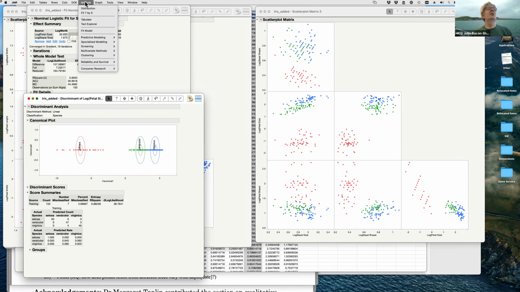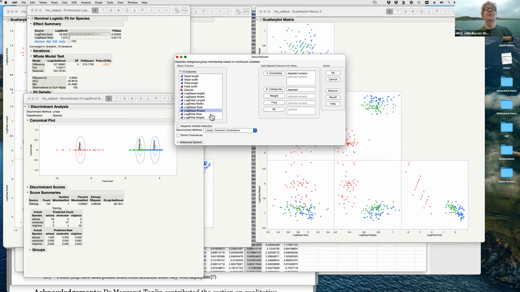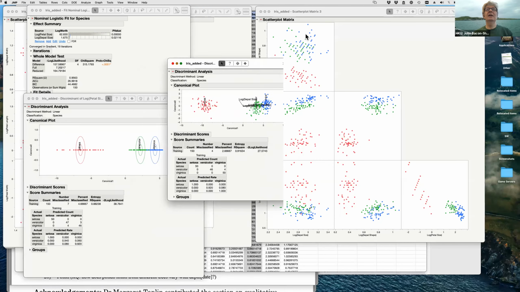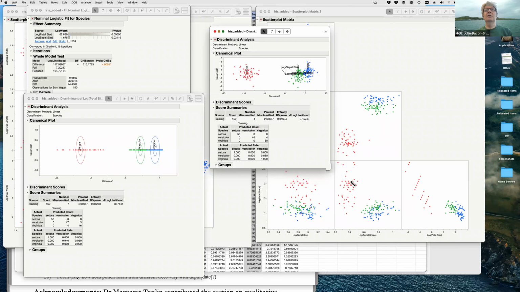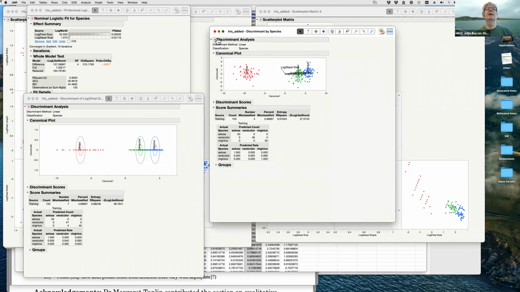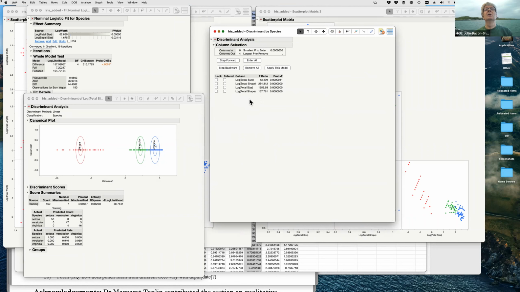Or again, I could do discriminant analysis based on all 4 of my size and shape variables, and let's see how good my story is here. So I've gone back to 4 misclassified here, but if I do stepwise selection, this suggests that they're all very strongly significant.